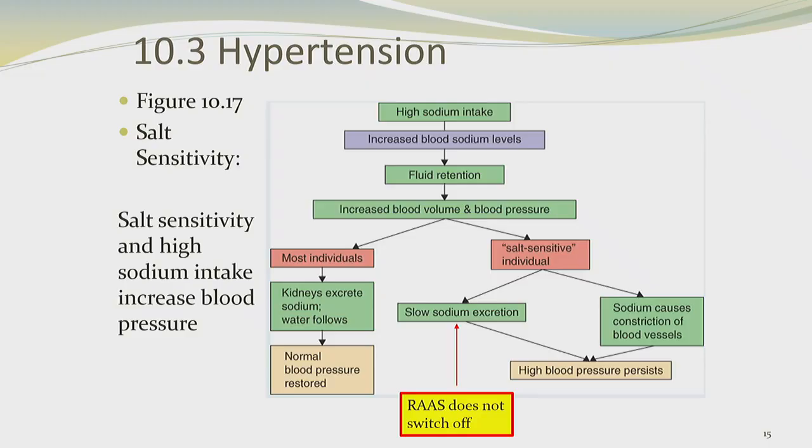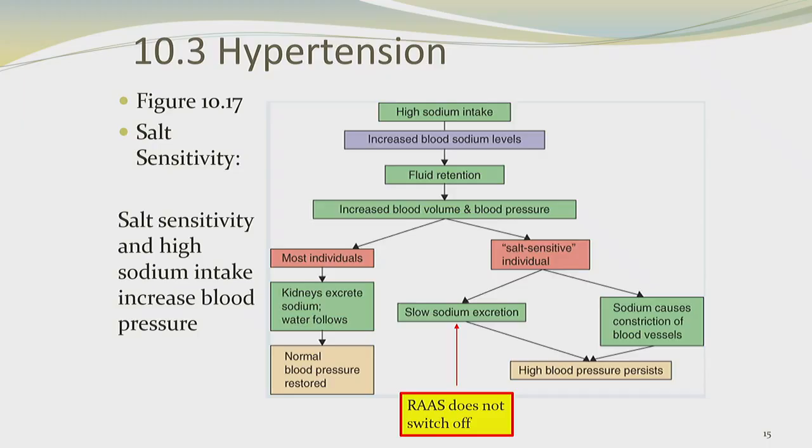So when we talk about salt sensitivity, it refers to an increase in blood pressure that is observed when sodium intake is high. And so this flow chart that we see on the right will explain what is observed when sodium intake is high. And it illustrates the reaction to sodium intake between normal individuals and those who are salt sensitive, right?